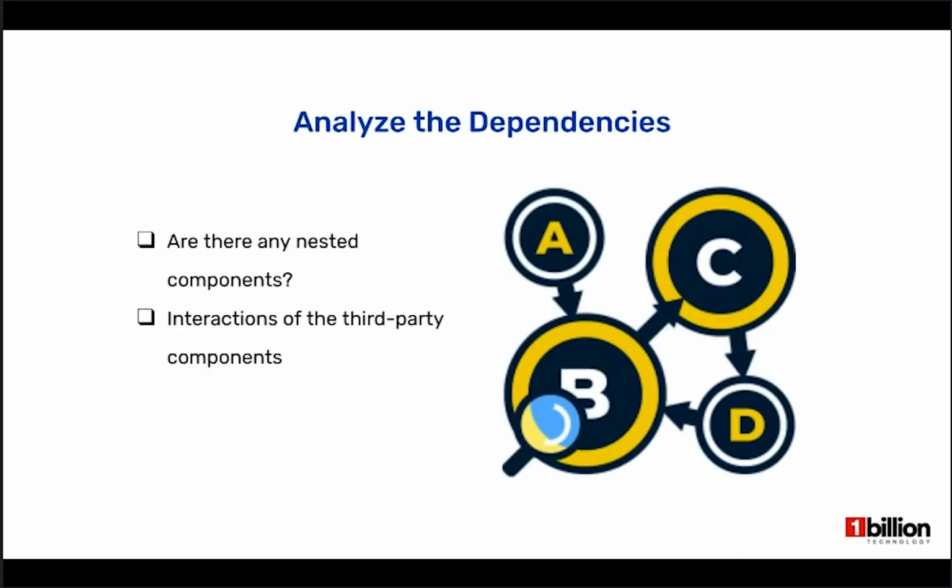This is also a very important area when you develop a reusable component: analyze the dependencies. Your reusable component might be inside a nested hierarchy. When you change something inside the nested hierarchy, it can affect sibling components.